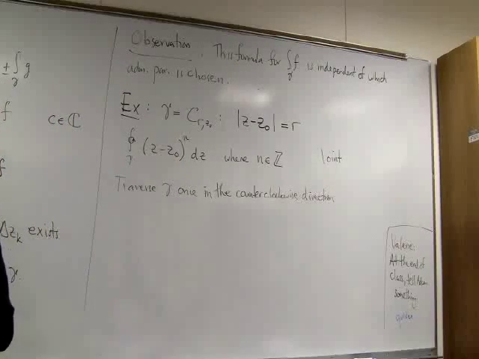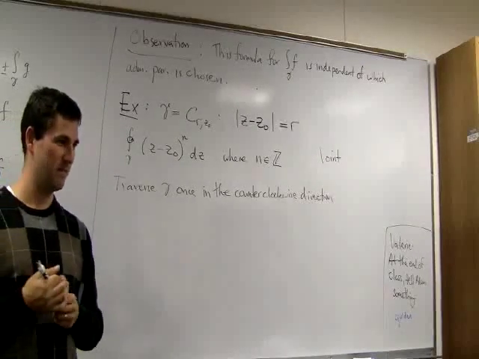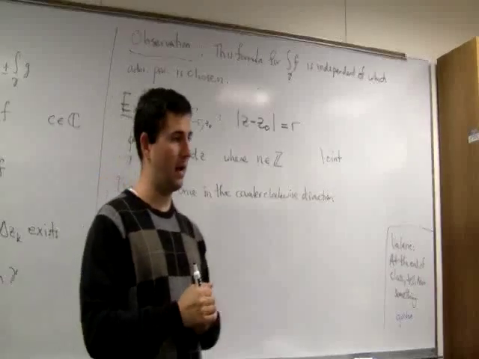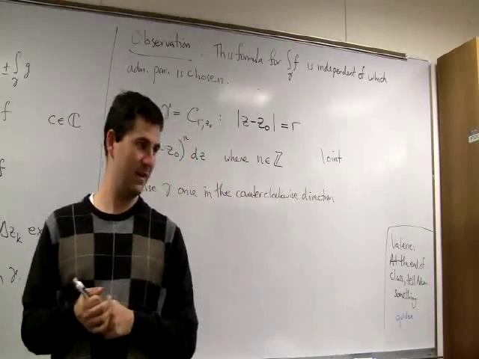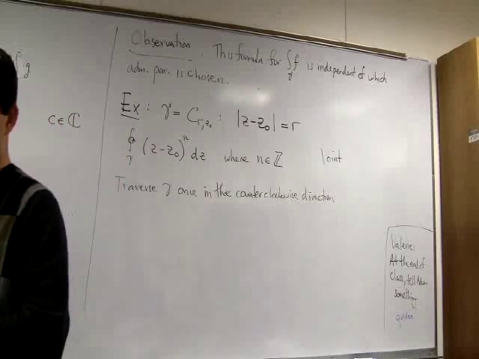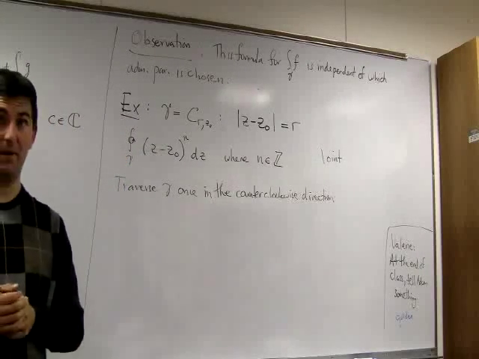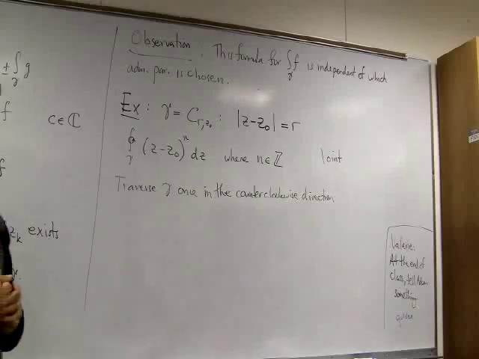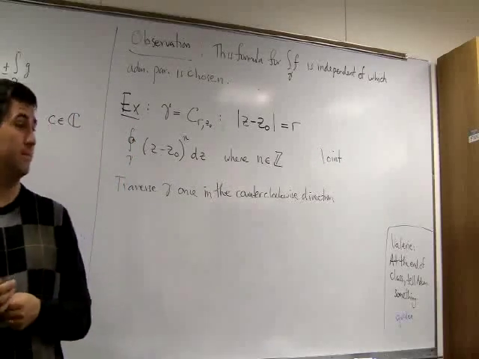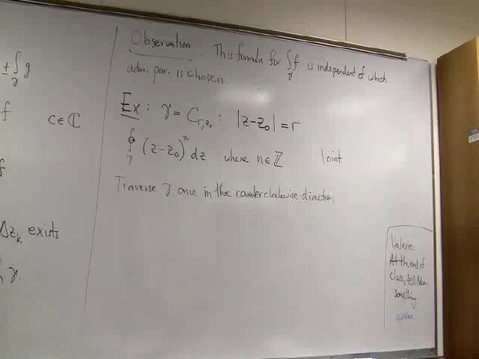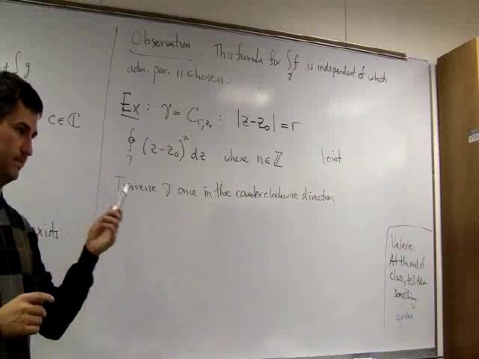E to the 2 pi i t, from t equals 0 to 1. That would work, but there's an easier way, which is e to the it, just drop the 2 pi, and run t from 0 to 2 pi.